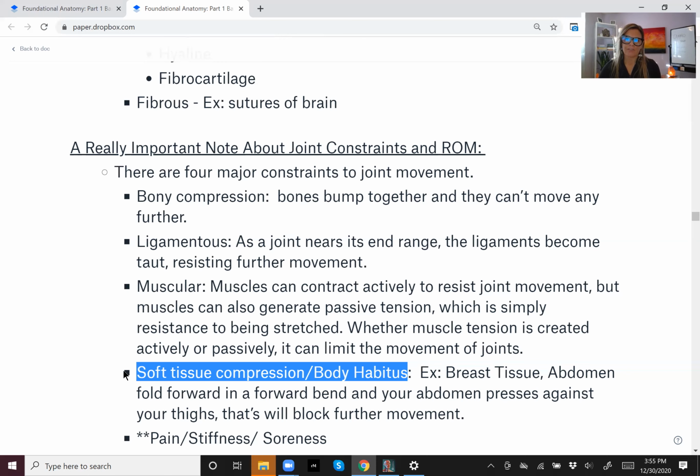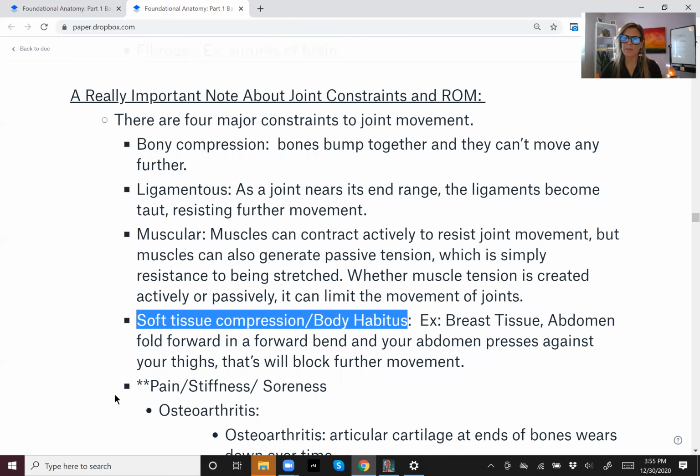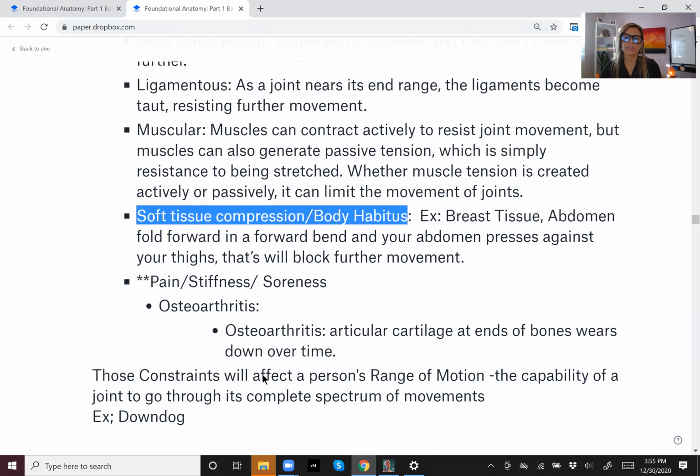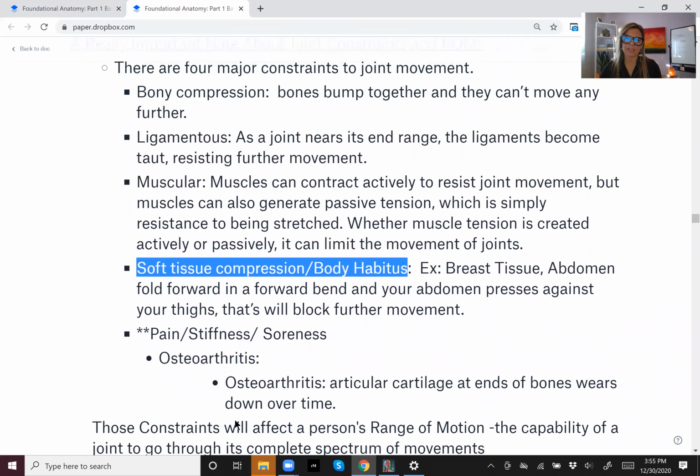And then I've added a fifth one. It's not necessarily one of the major constraints, but it can stop people: pain, stiffness, or soreness. We'll talk about this later. Remember when we talked about bone on bone?